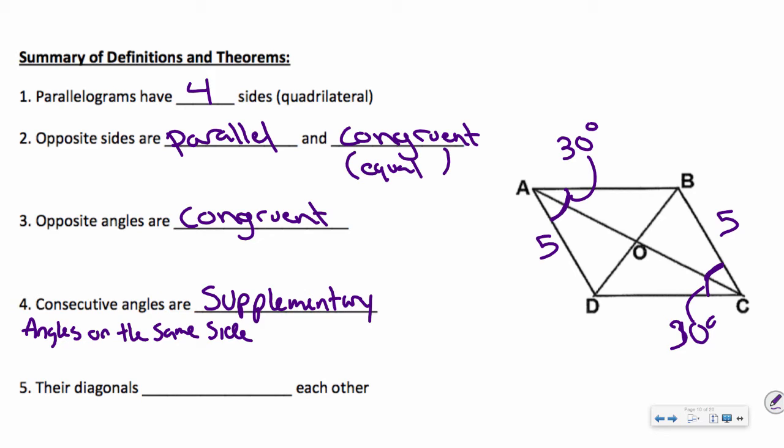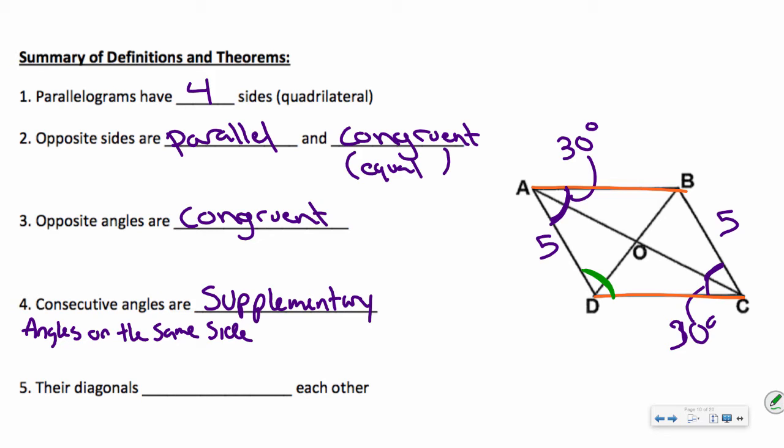This falls directly from our theorems of same side interior angles. If these two lines are parallel, AB and DC, that means that this angle BAD here, which is 30, and this angle here, ADC, they have to add up to 180 degrees because they have to be supplementary.